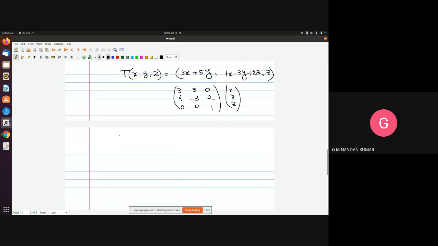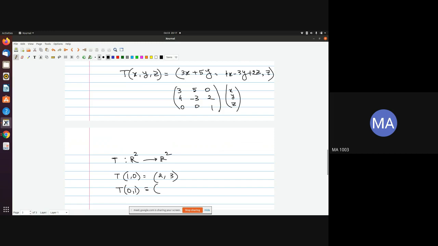So basically, the next thing I wanted to discuss. Suppose T is from R2 to R2. I know where 1, 0 goes. Suppose it goes to 2, 3, and I know where 0, 1 goes.